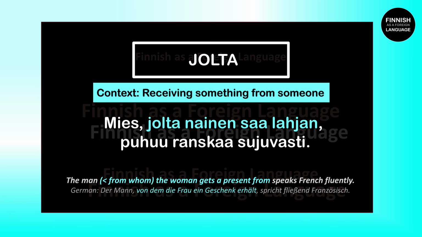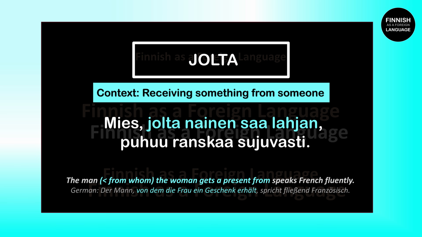Jolta nainen saa lahjan means from whom the woman gets the present. Saa here is the third person singular present tense of the verb saada, which means to get or to receive. And lahjan here is the genitive case of lahja, which means present. Puhuu ranskaa sujuvasti means speaks French fluently.